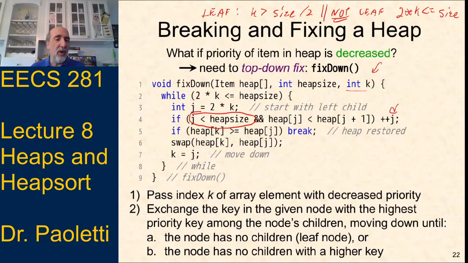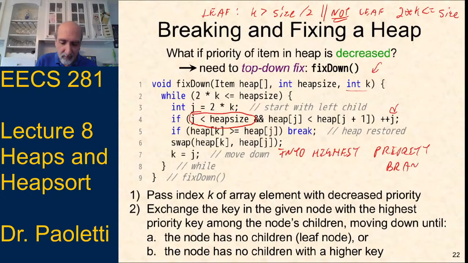So if we didn't break, the loop keeps going, and we swap the parent and the child, and we move down into the highest priority branch.